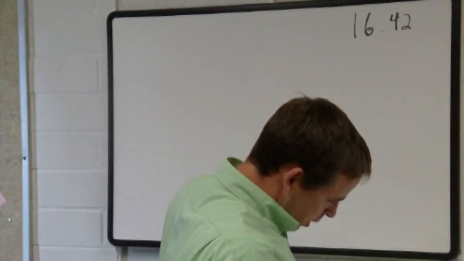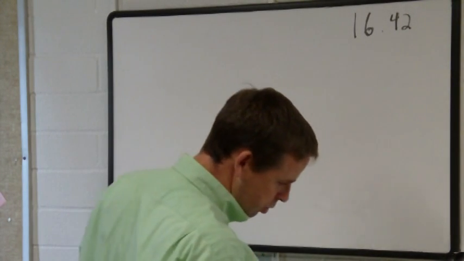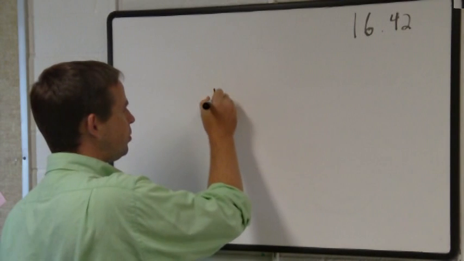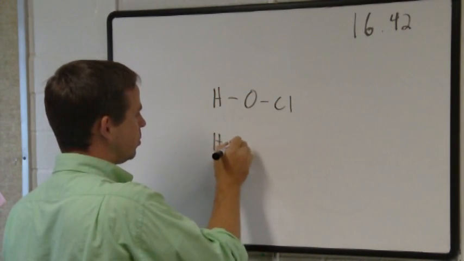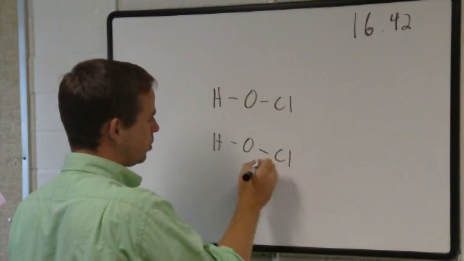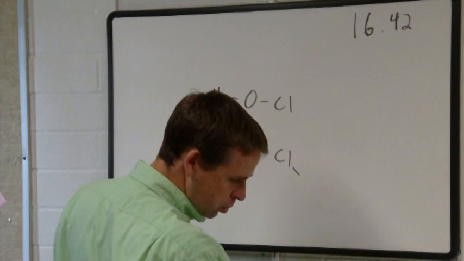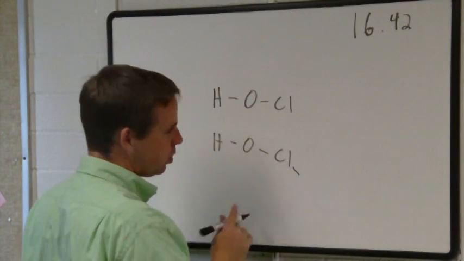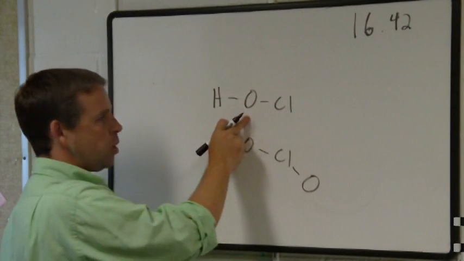Choose the stronger acid and give your reason. HOCl and HOClO, that is HClO and HClO2. So we have this compound here where there's one oxygen.